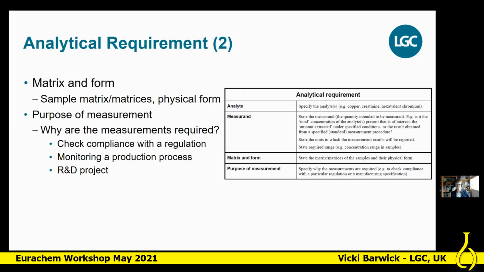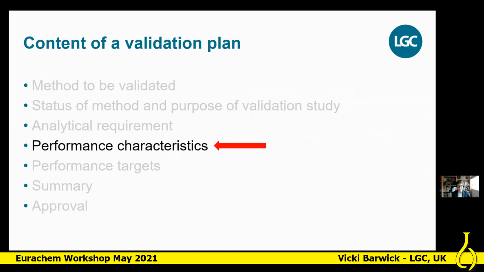And obviously there's a whole range of reasons why laboratories make measurements. Could be to check compliance with a regulation or some kind of specification. It could be part of monitoring a production process, or potentially it might be part of directing a research and development project. I think when people think about method validation, probably what they're mainly focusing on is the performance characteristics of the particular method, and thinking about things like precision, bias, capability of detection.